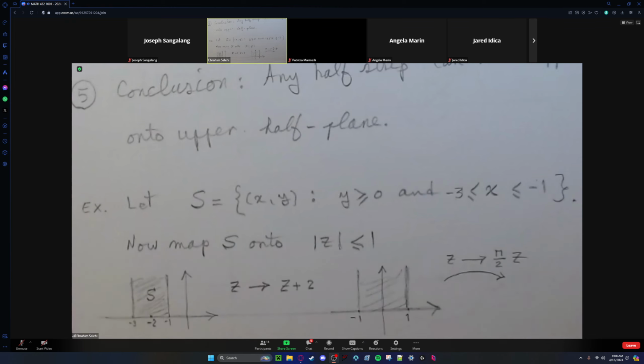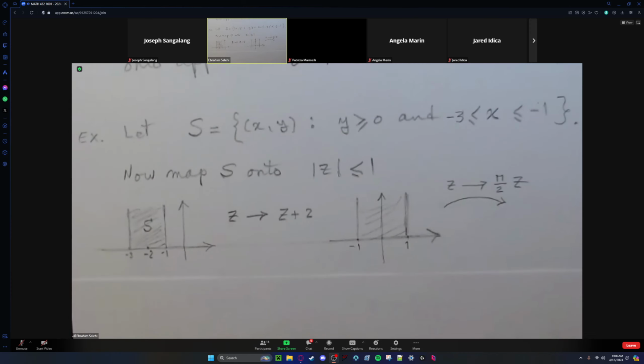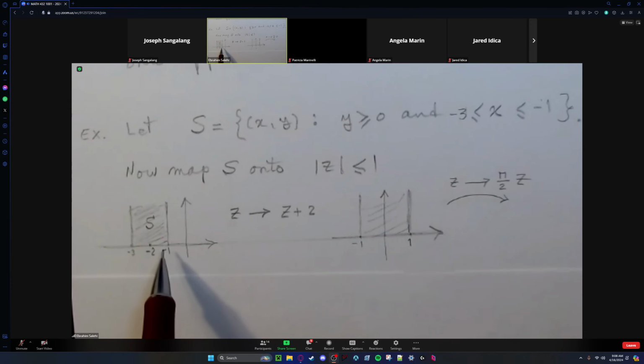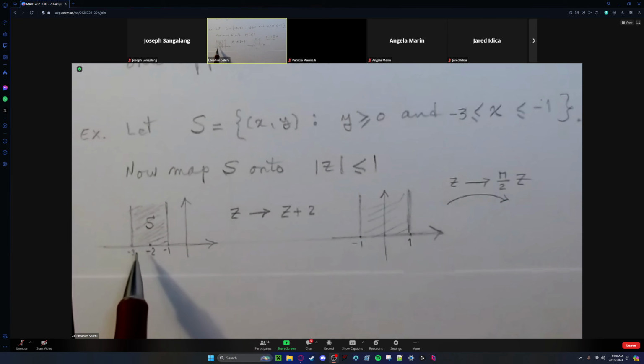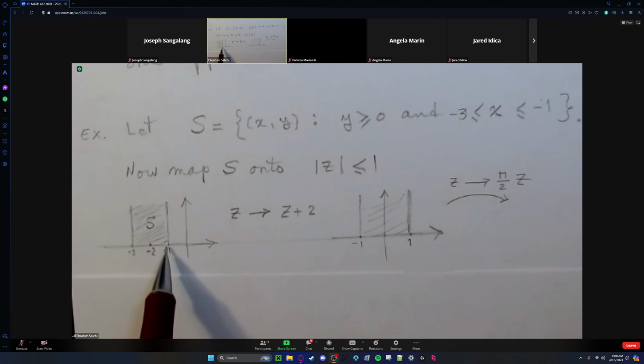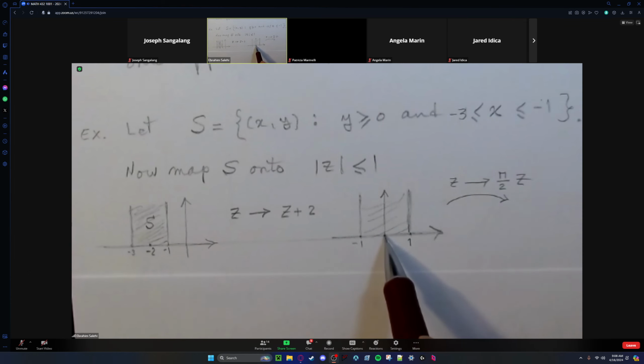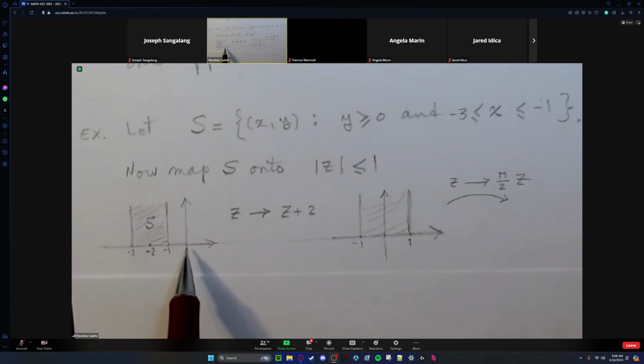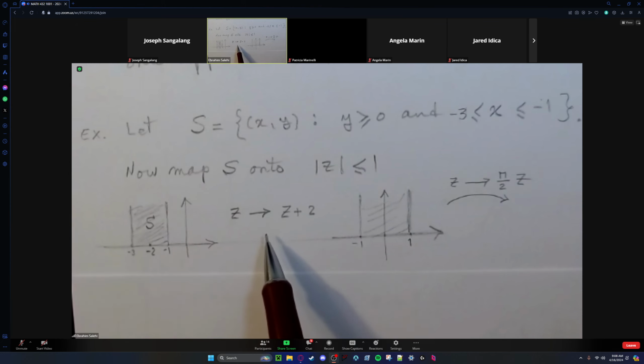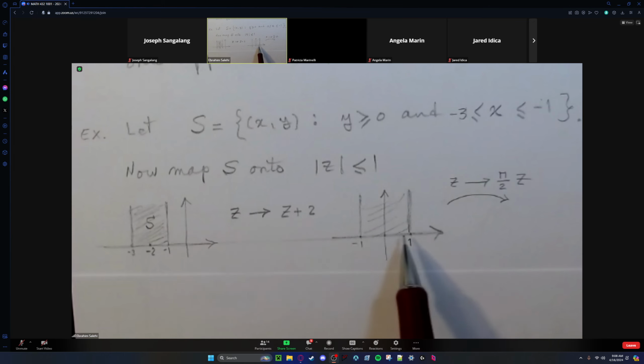Okay, here is S. All the x's are between -3 and -1. But we better have it in the exactly middle, right? So if you add 2, you're shifting it to the right 2 units. So the first move is shifting to the right.